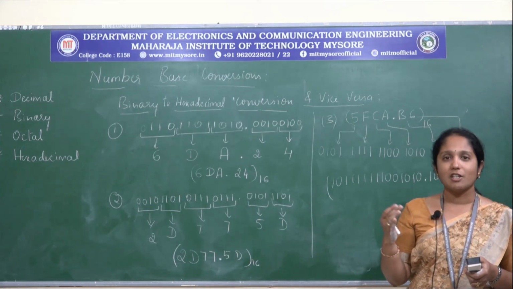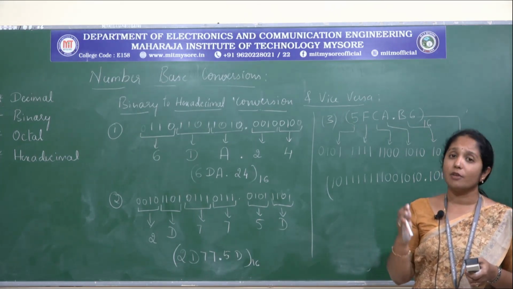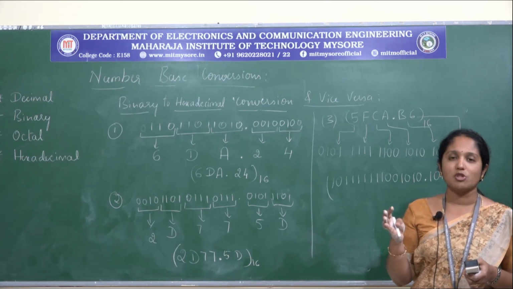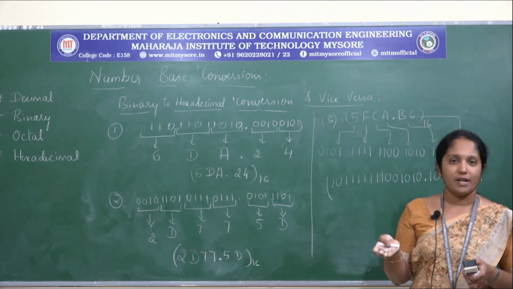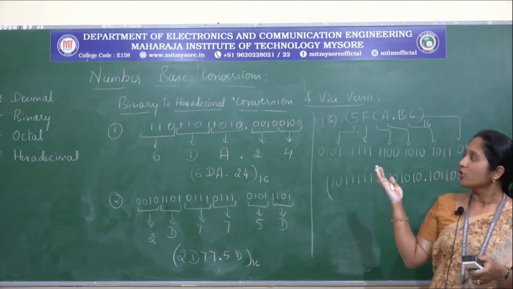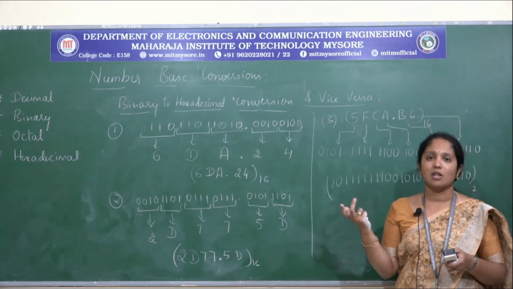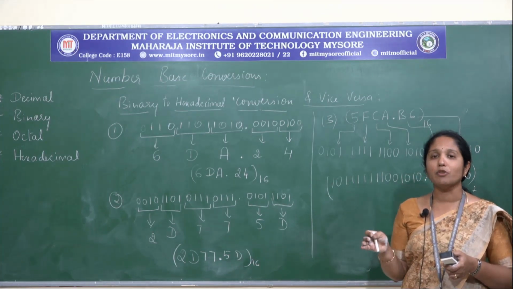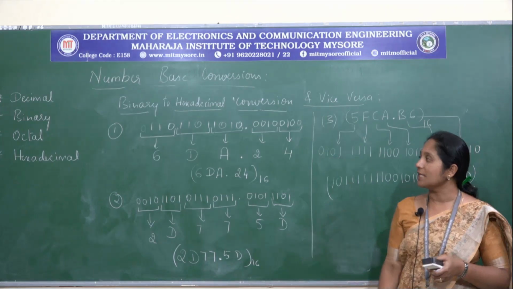The fraction will keep on continuing, therefore we need to stop at a point. Sometimes we may arrive at 0, or sometimes we may have to stop after getting 4 or 5 digits. Then we need to express the fractional part along with the part before the decimal point. So that is the procedure.